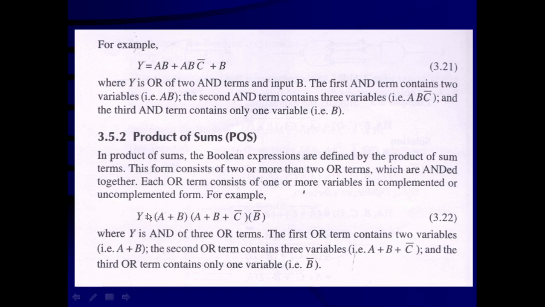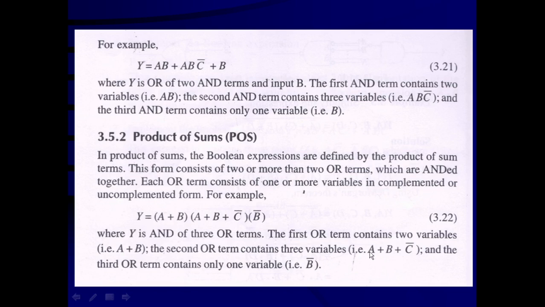For example, Y is equal to (A or B). This is going to be the first OR term. Then the second OR term is going to be (A or B or C bar). That means the second OR term contains three variables A, B and the complement of C. And the third term contains only a single variable, B bar, where Y is the AND of the three OR terms.